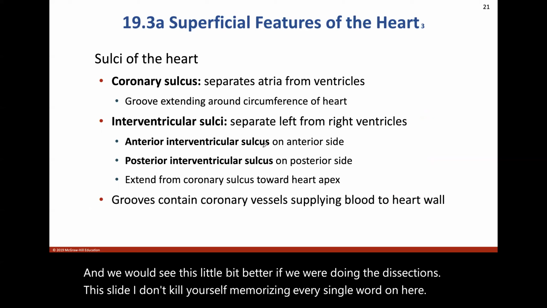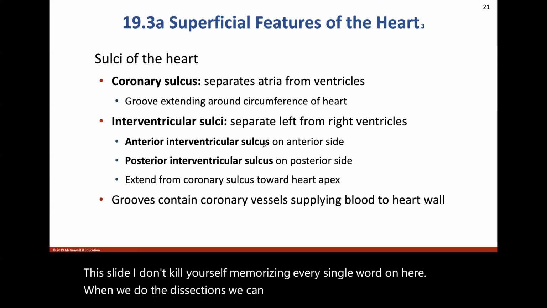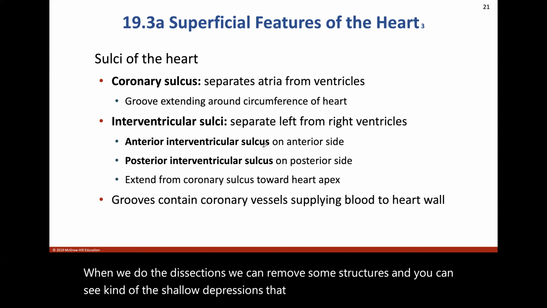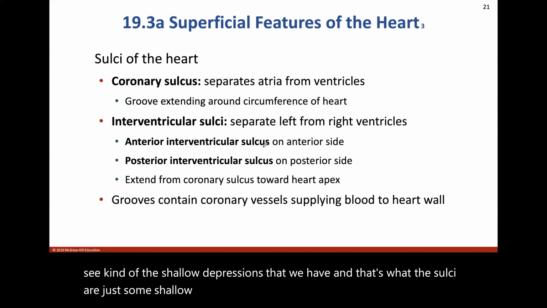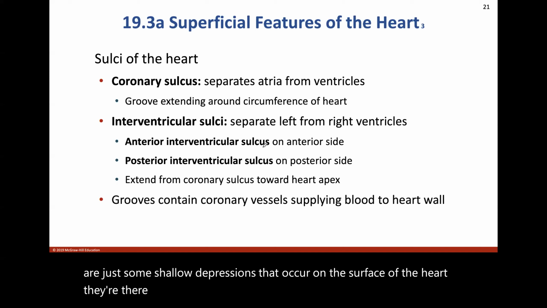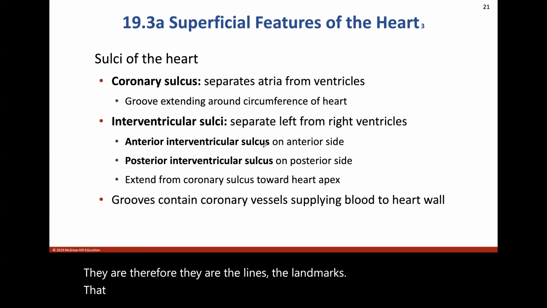When we do the dissections, we can remove some structures and you can see the shallow depressions that we have. That's what the sulci are, just shallow depressions that occur on the surface of the heart. They are the landmarks that separate the left side from the right side, the left and right ventricles, and the atria from the ventricles.